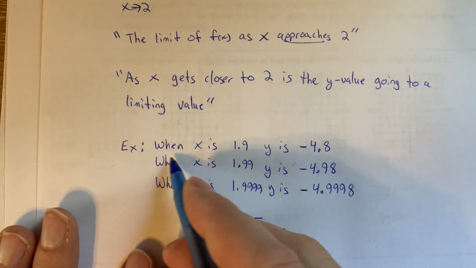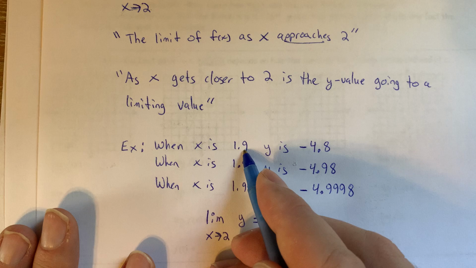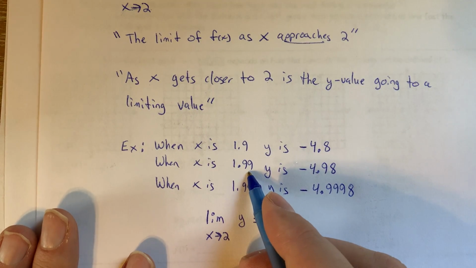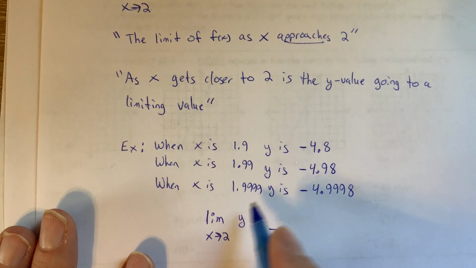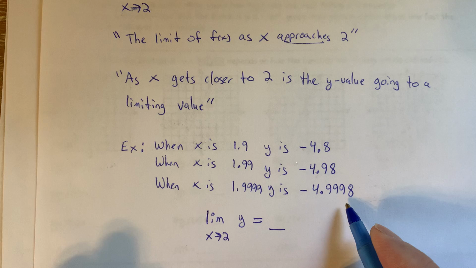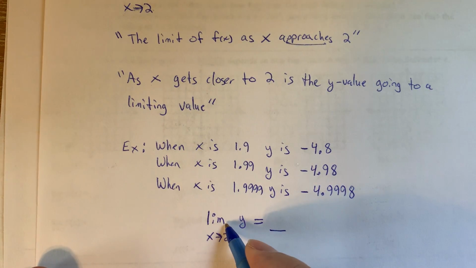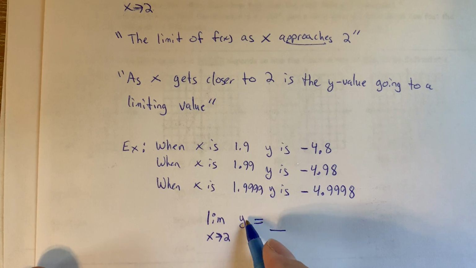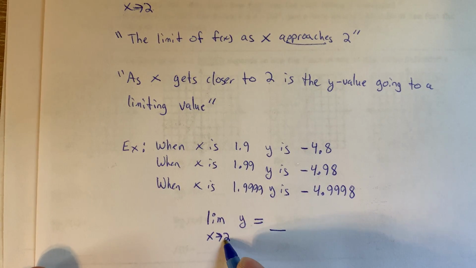So here's an example we might look at. When x is 1.9, the y value is negative 4.8. When x is 1.99, the y value is negative 4.98. When x is 1.999, the y value is negative 4.99998. And so this is the limit of the y value. We might want to ask, what is the limiting value of the y value as x gets closer to 2?